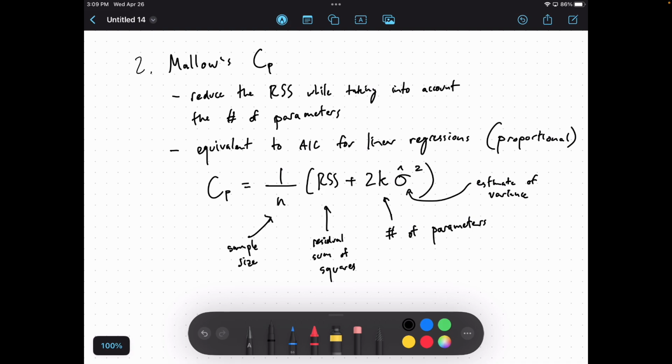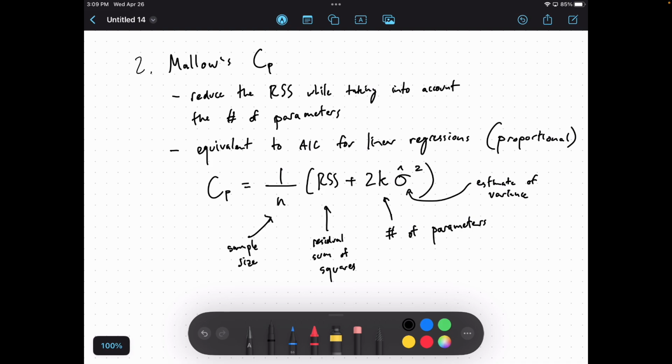The sigma hat squared, is that the estimator of variance of the error term? If so, why was it in the denominator in the AIC formula, and here it's in the numerator? And what happens if that's going up and down to CP and AIC?